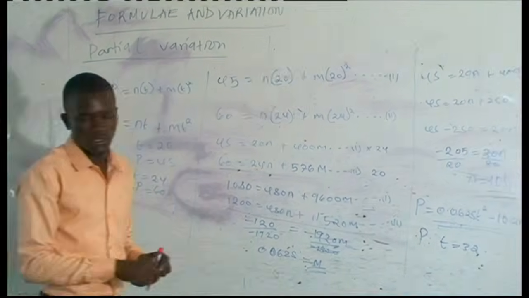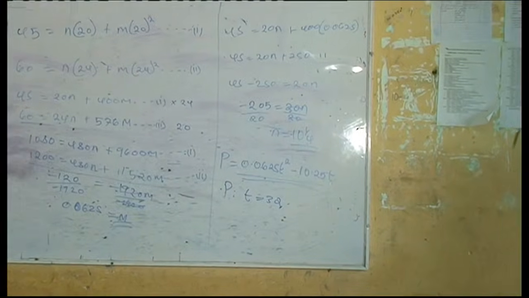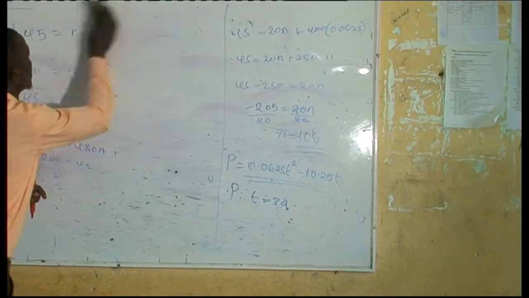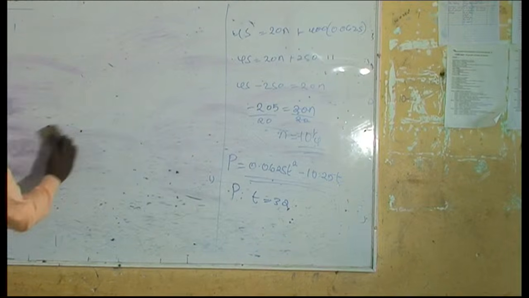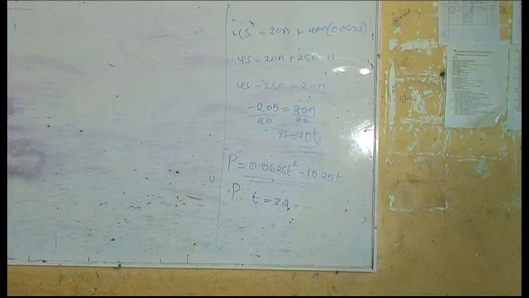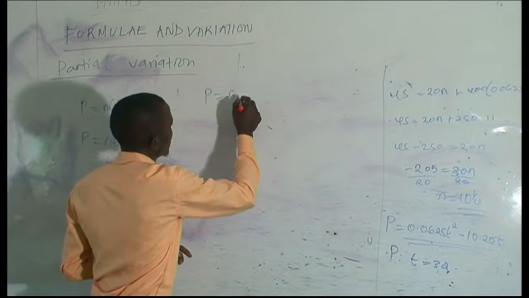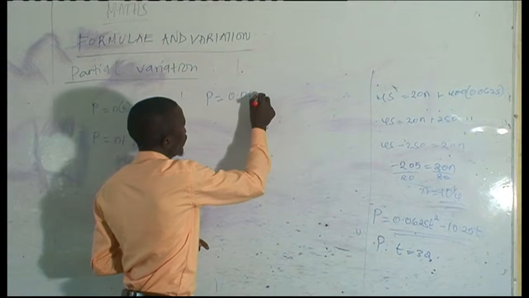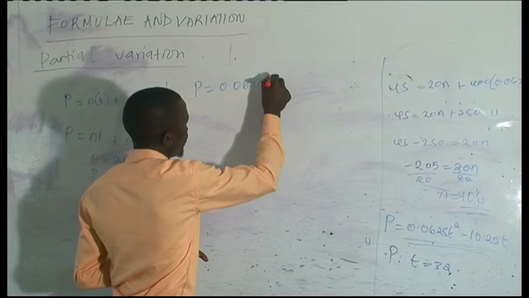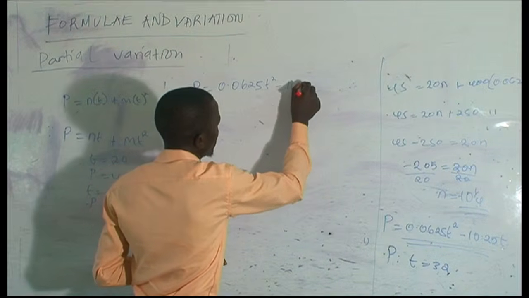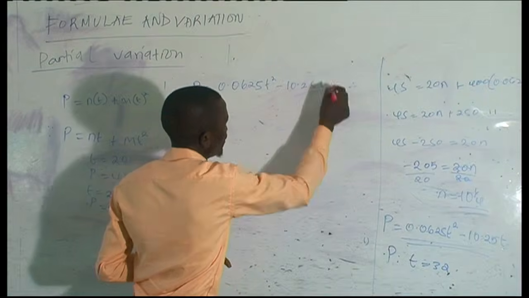Now what do we do? We come back to our equation and say we have P is equal to 0.0625 t squared minus 10.25 t.